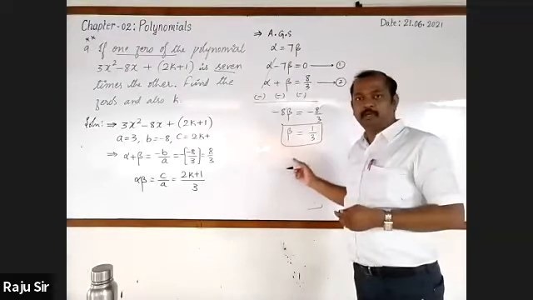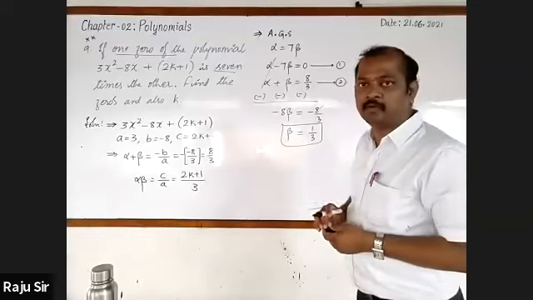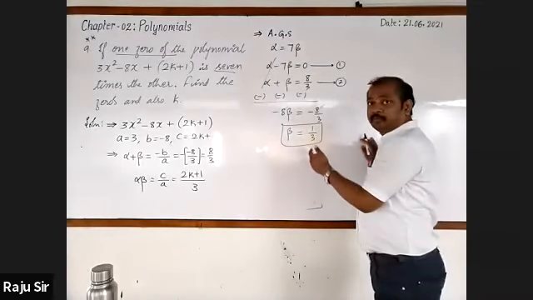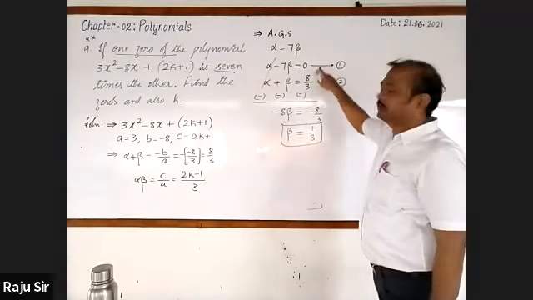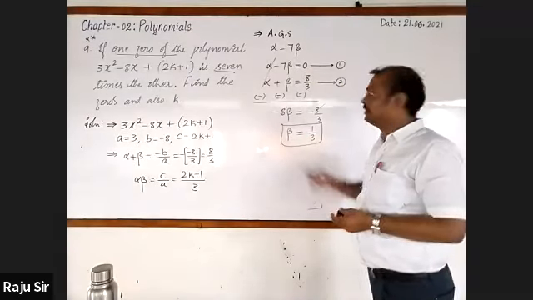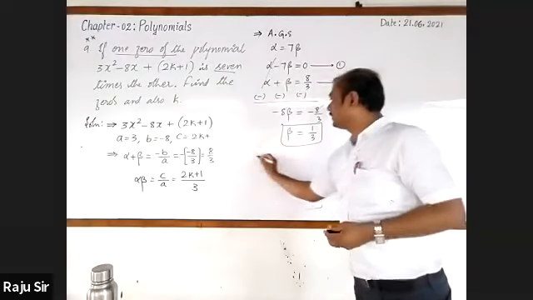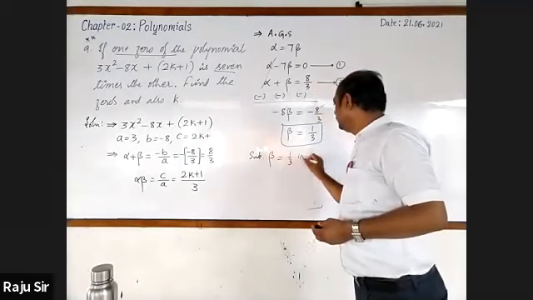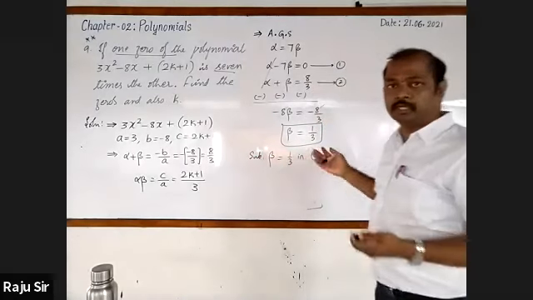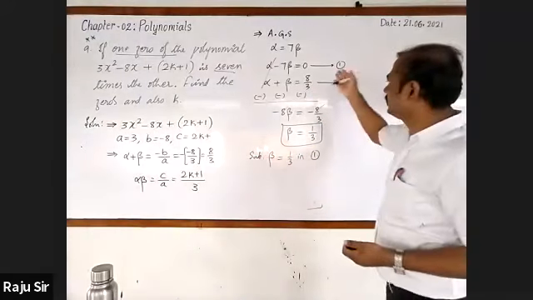We got beta, then we can find alpha by substituting beta in any one of these two equations. Now substitute beta equal to 1 by 3 in equation 1. You may take equation 2 also, you get the same.